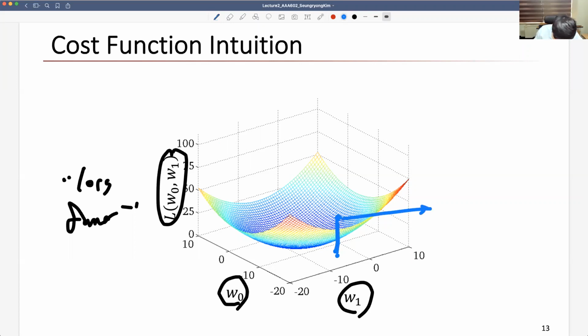For example, let's say w0 is going to be 15 and w1 going to be -5, right? So in this case, the value of this one will be at -15 and -5. So this is the cost curve, and from this cost curve, we can understand which point is optimum, which point is minimum, right?